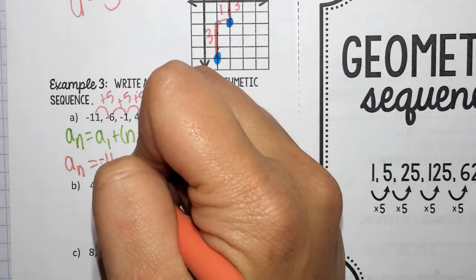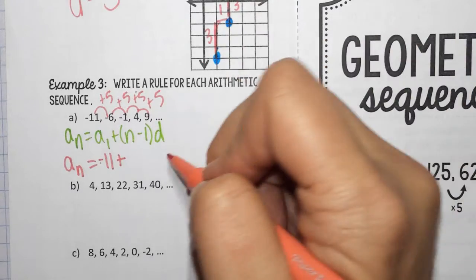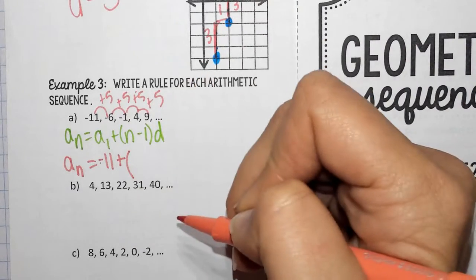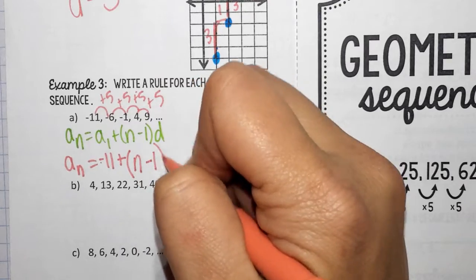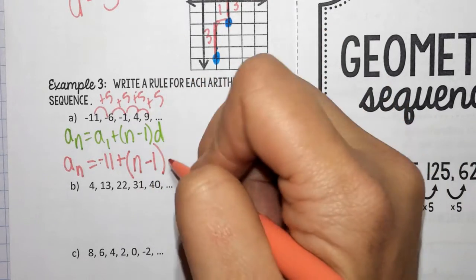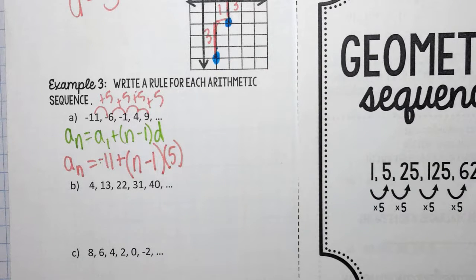Good. Natalie and Paris, take a point. So negative 11 plus. Do we know what n is yet? No. Nope, we don't know what we're looking for, so we just write n minus 1. And what's the common difference? 5. That's our rule.